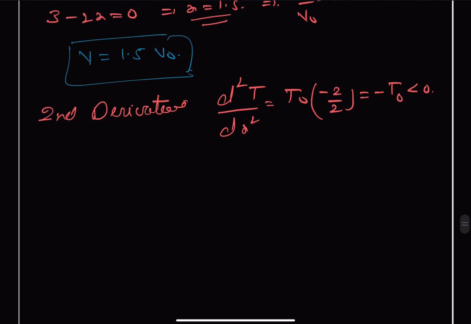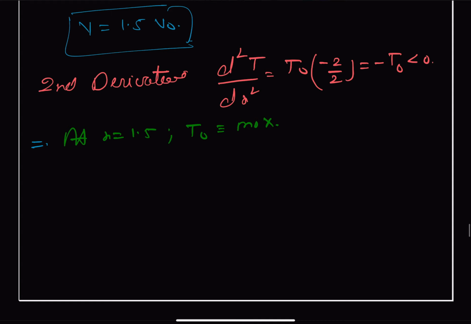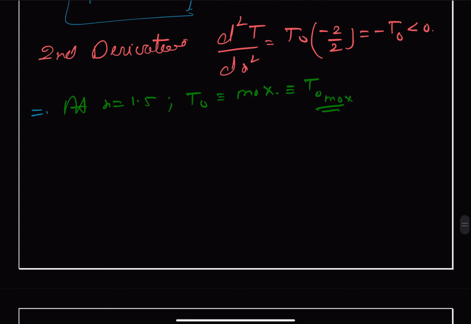We can say that at x equal to 1.5 we are having T as our maximum, and we will call that T naught max. So we can find out this value of T naught max.